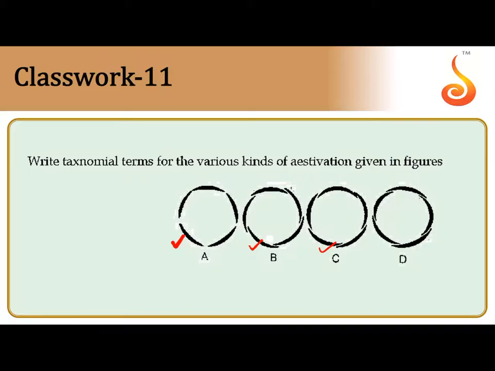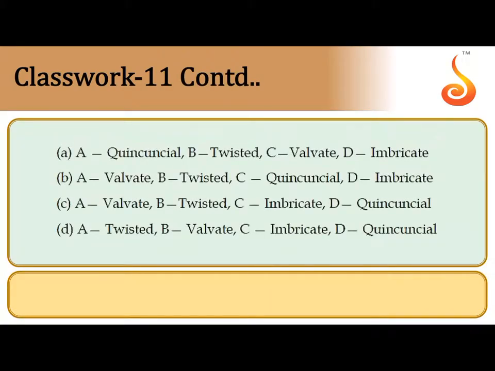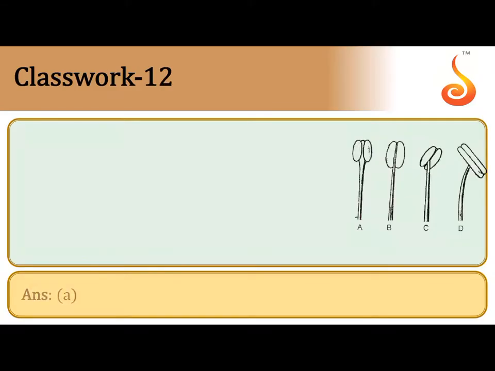Notice here one petal is completely outside, one petal is completely inside. So let us see what the options are. It is valvate, twisted, imbricate and quincuncial. Imbricate means there is no regular pattern of arrangement. Quincuncial means one of the petals becomes completely outside and one of the petals becomes completely inside.